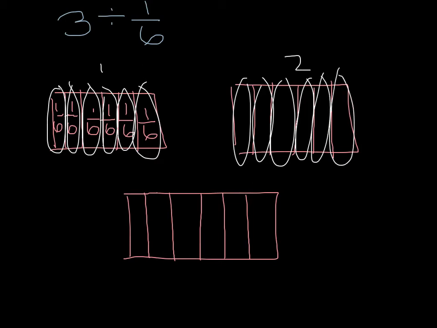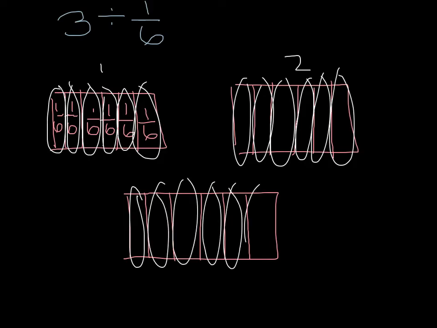So in my 2 wholes, that would be 6 plus 6, that's 12. And then again another 6 in my third whole. So that would be 6 plus 6 plus 6, which is a total of 18 groups of 1/6.